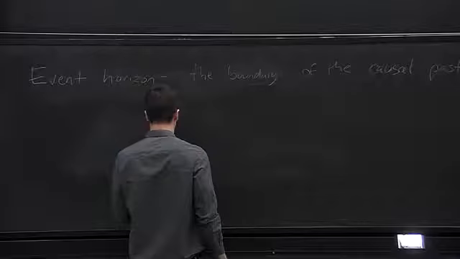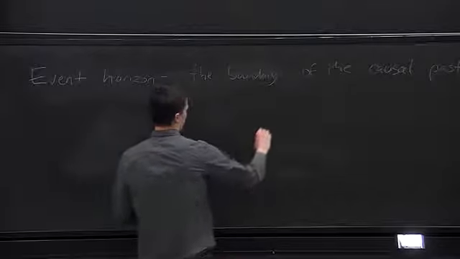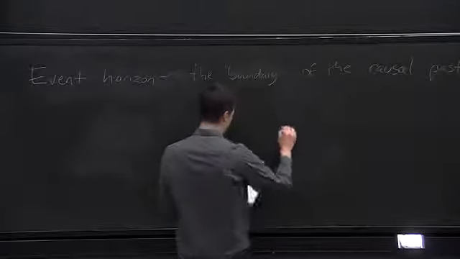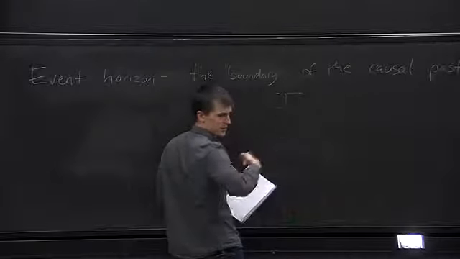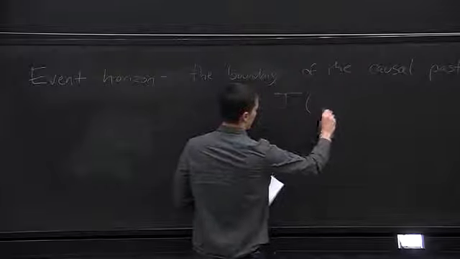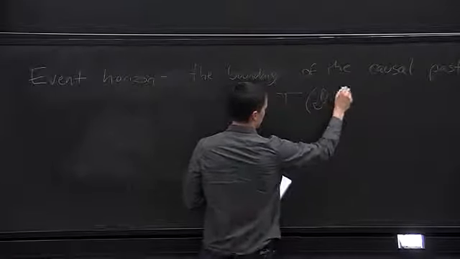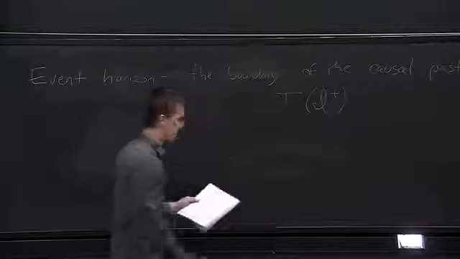Sometimes people write it using the following notation, where J minus means the causal past, and then we use scri plus to indicate future null infinity.